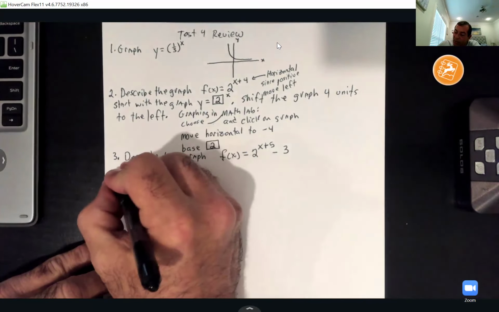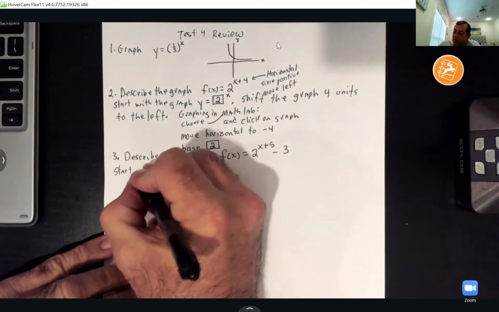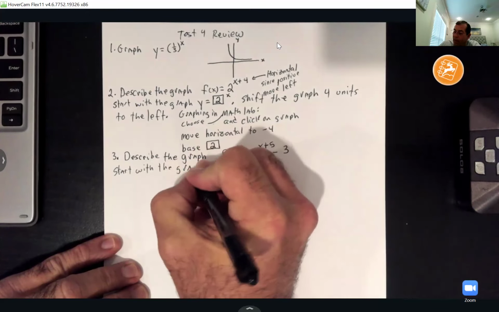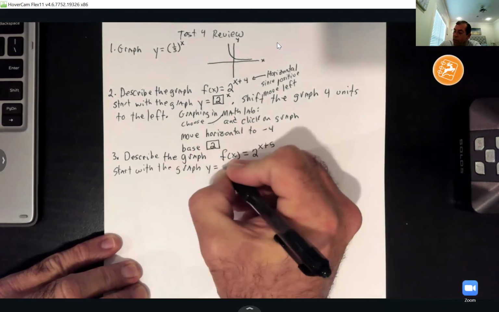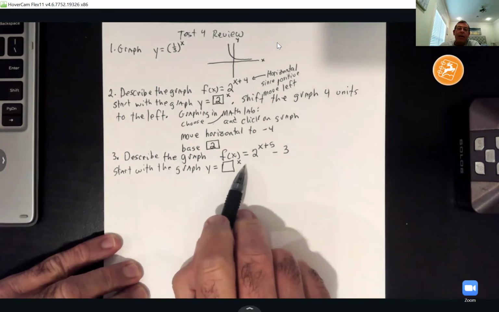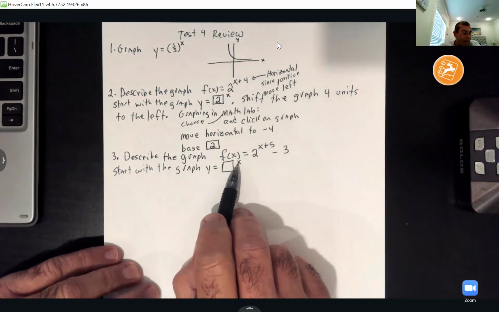So it starts out the same way. Start with the graph y equals blank to the x. Now they've already got the x there, okay?